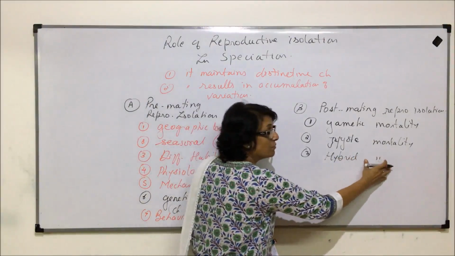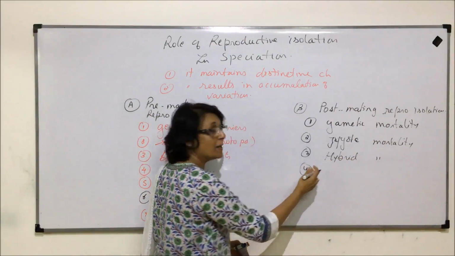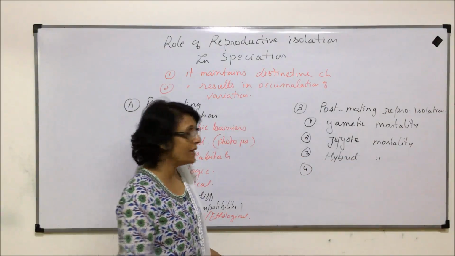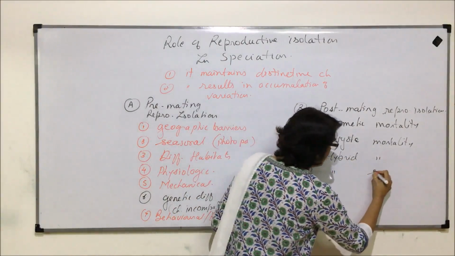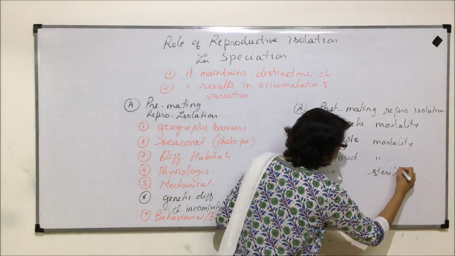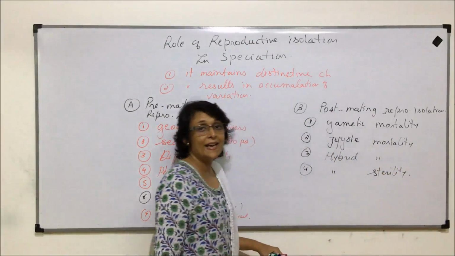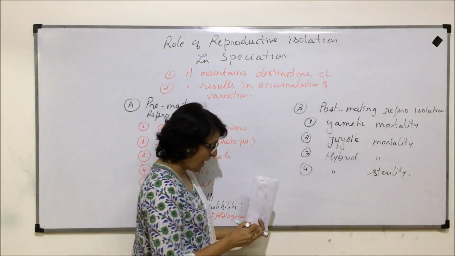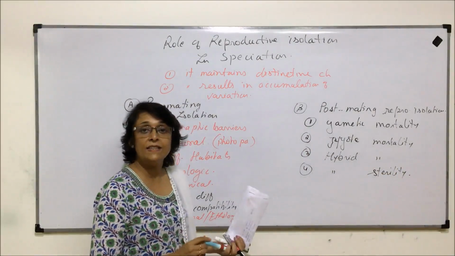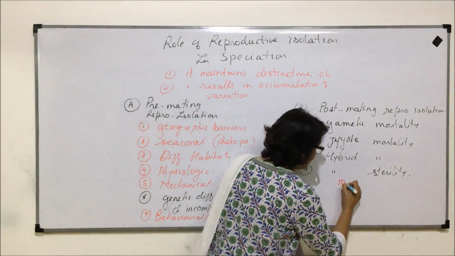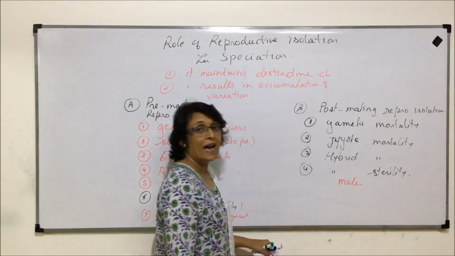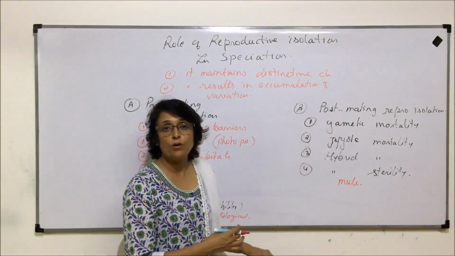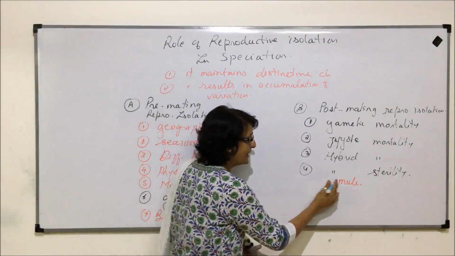Either the hybrid is going to die, or if the hybrid is born, then it would be sterile. So this is hybrid sterility. But there are exceptions. In case of hybrid sterility, we can take the example of the mule. It is a hybrid obtained from horses and donkeys, and it is sterile.